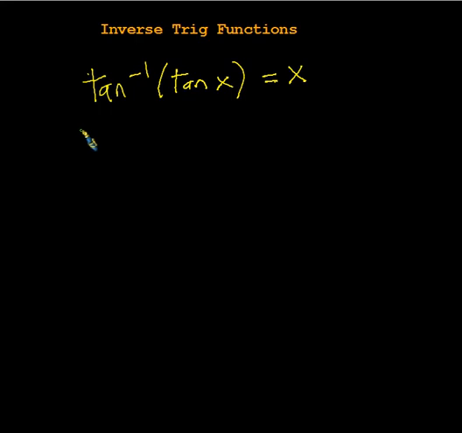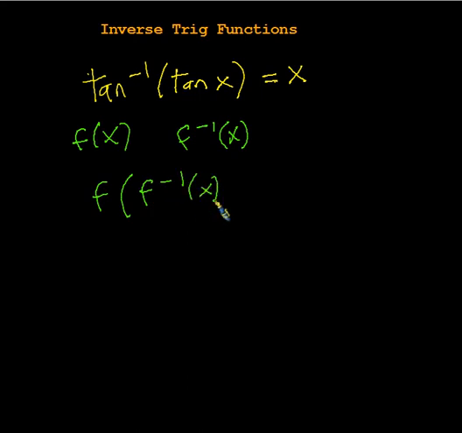When we said if we have two functions that are inverses, like f of x and f to the negative 1 of x, this guy's also known as the inverse function of f of x. We said, hey, if we take f of the inverse of x, we expect to get x as a result.